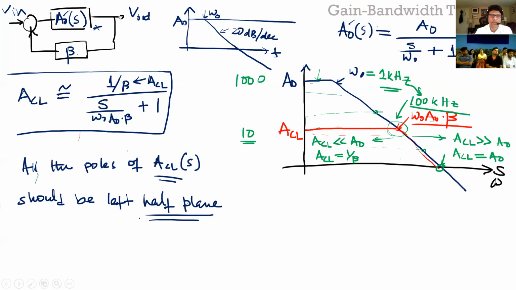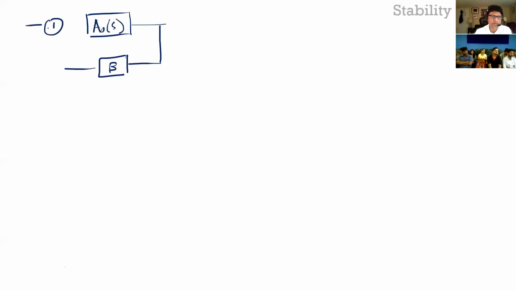Now, what we do with a Bode plot is, so we have this amplifier with some feedback, and what we do is we break the loop.